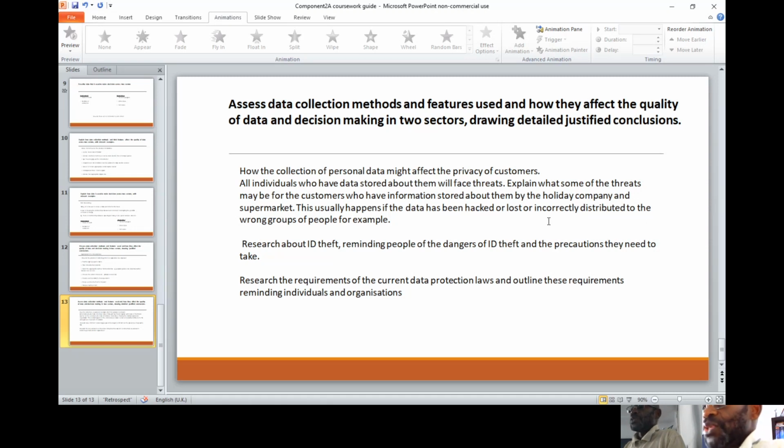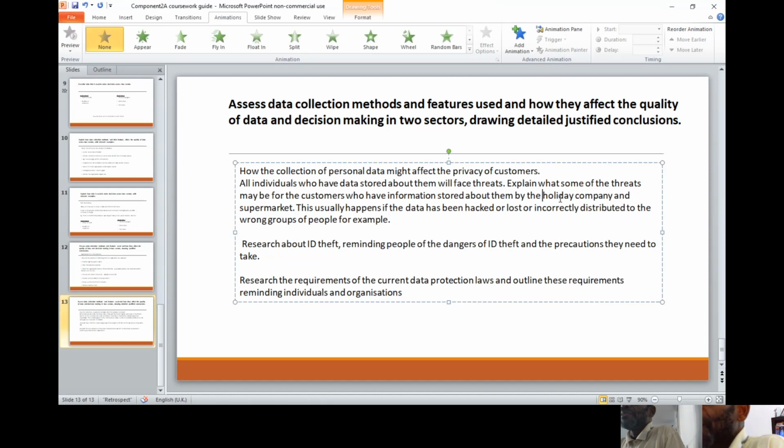You need to do this by whatever company is collecting that information. Okay. This usually happens if the data has been hacked or lost or incorrectly distributed to wrong groups. Okay.